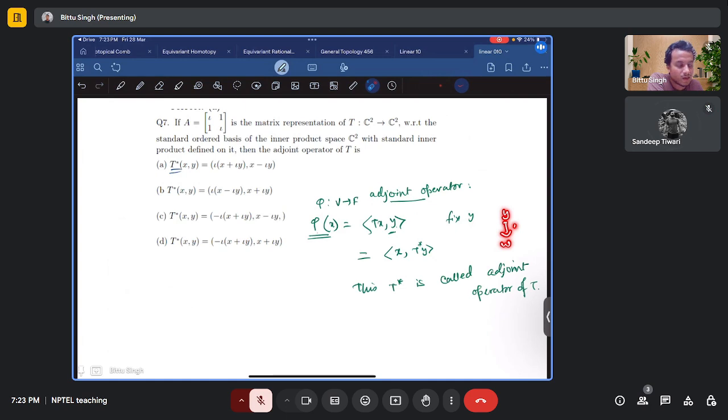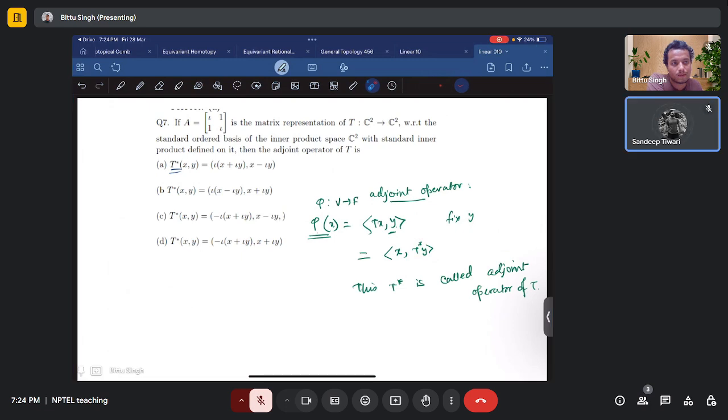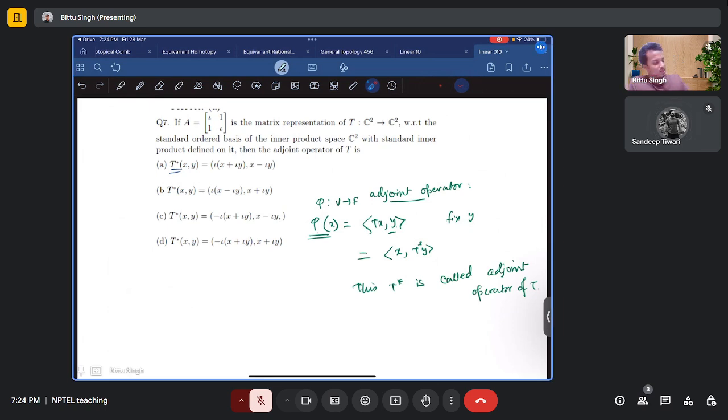The notation for a linear transformation is denoted by some T dash, so I am denoting it by T star. So this w can be written as T star of y. That's why I have replaced this w by T star y. So that's why T star is this. This is actually called the adjoint operator.